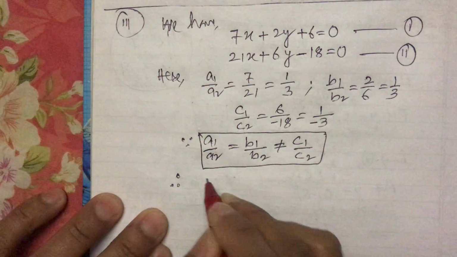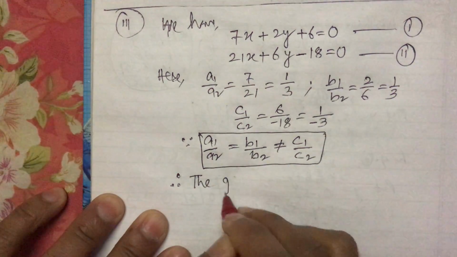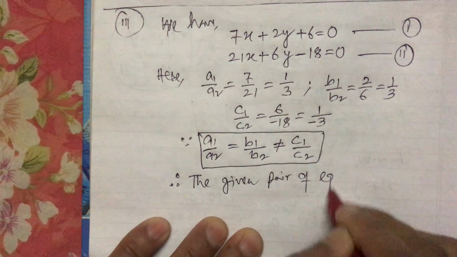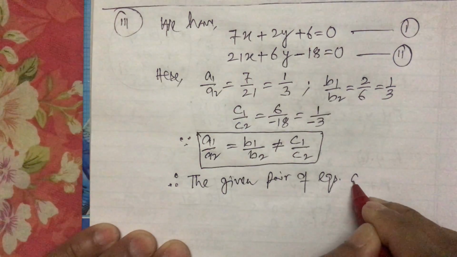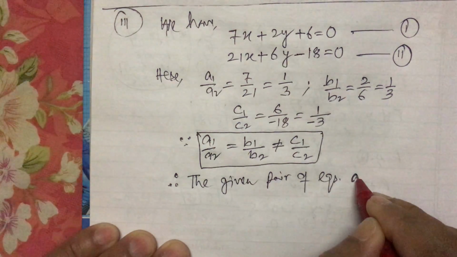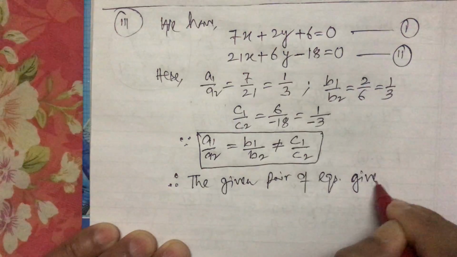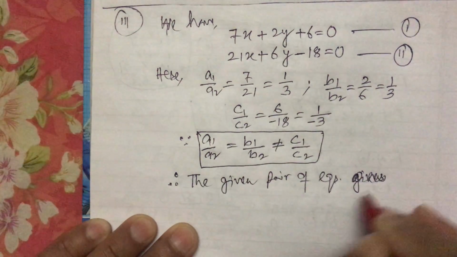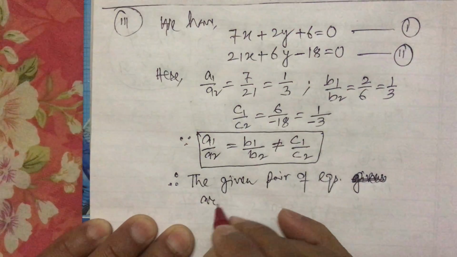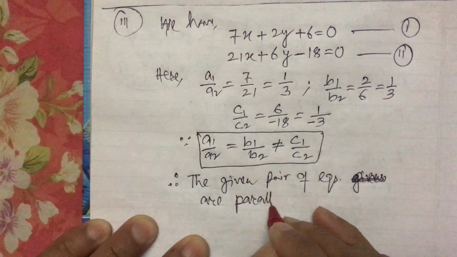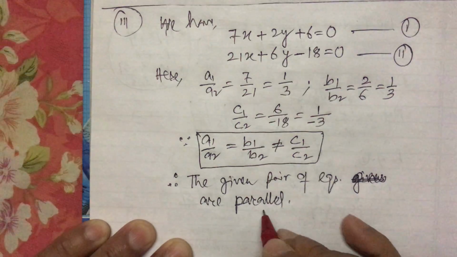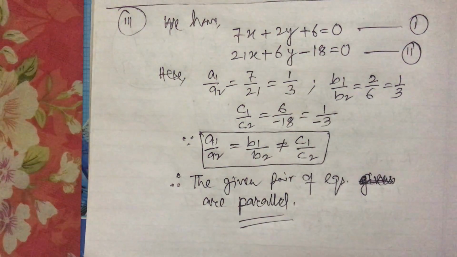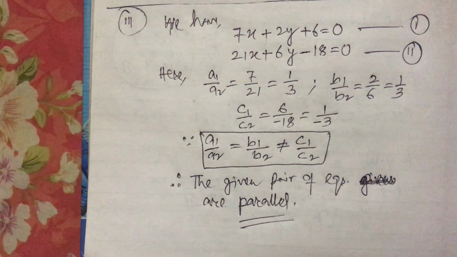So this is parallel. So this will give parallel lines. So I can write, therefore the given pair of equations gives parallel lines, or equations, you can write directly, equations are parallel. Okay, this is how we apply those conditions what we learned today.